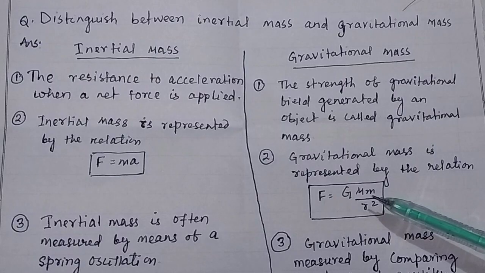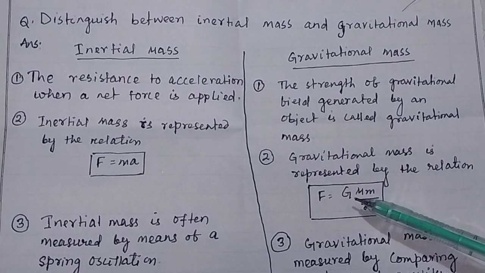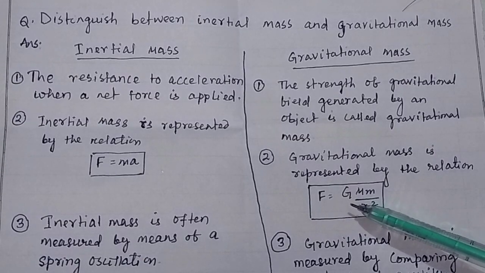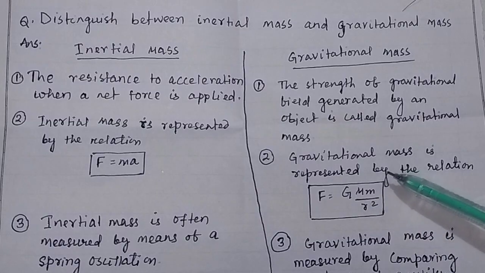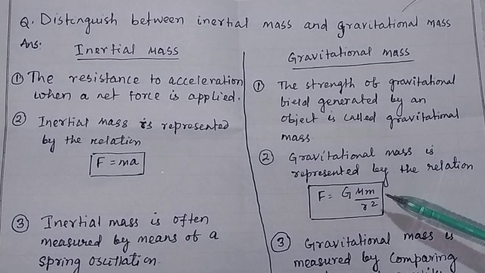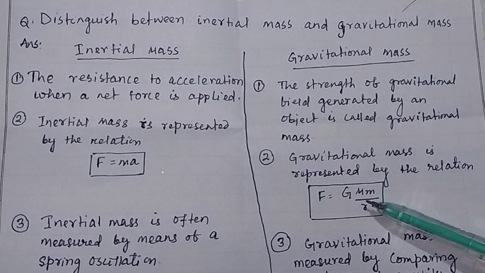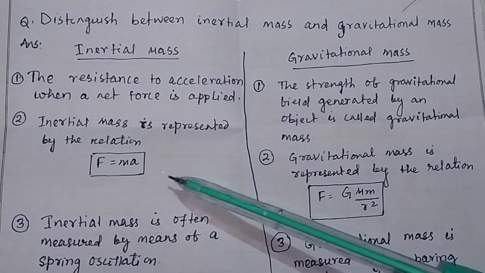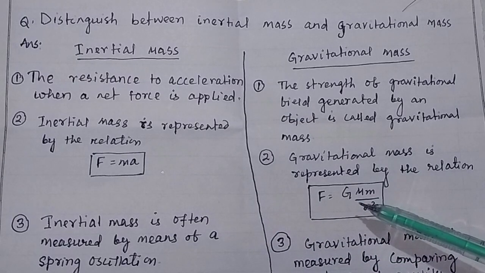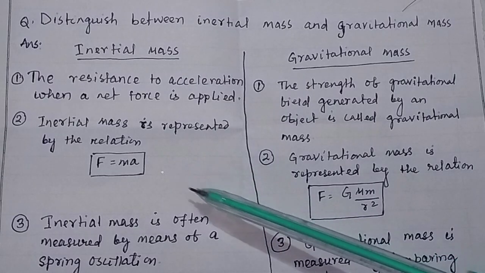The distance between the centers of the two masses is r. G is the universal gravitational constant. So from this relation you can find out the gravitational mass of a body if the mass of the other body is known to you. So these are the mathematical formulas for gravitational mass and inertial mass.